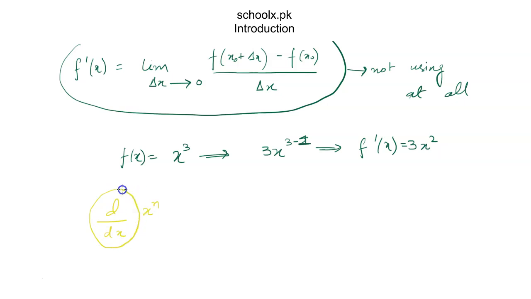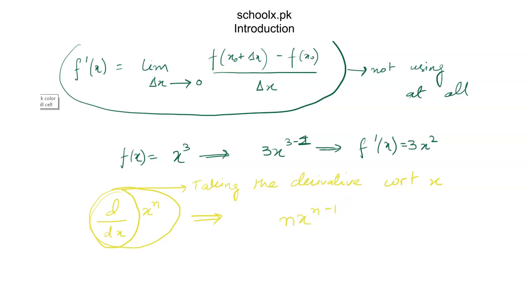d/dx means taking the derivative with respect to x. This term means taking the derivative with respect to x. If you apply this on xⁿ, you'll get n xⁿ⁻¹.